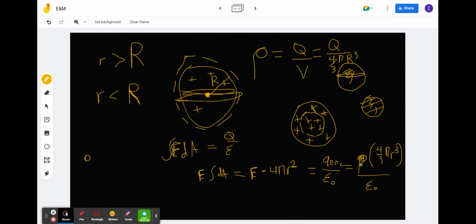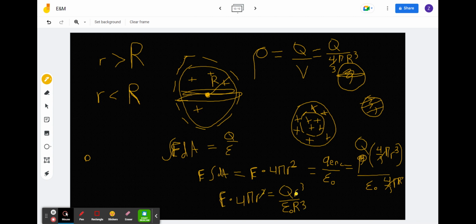So if we substitute that in, what we'll notice is that the 4/3 pi's cancel out. And what we're left with is E times 4 pi r squared is equal to Q times little r cubed over epsilon naught big R cubed.